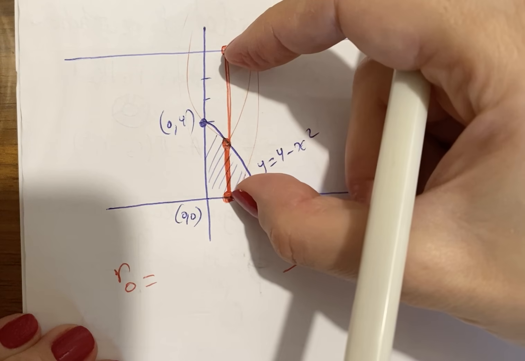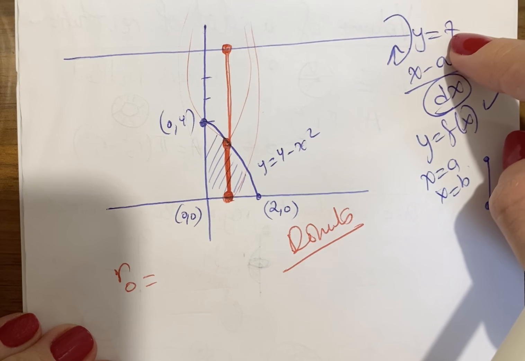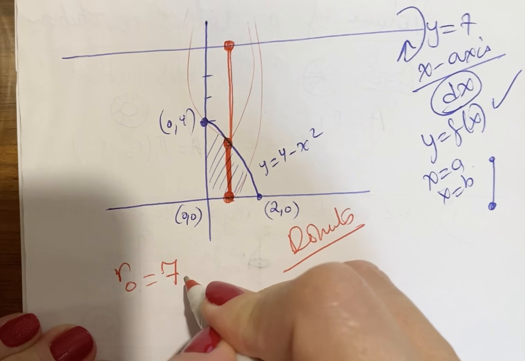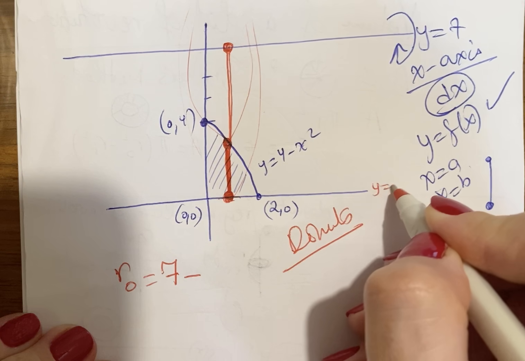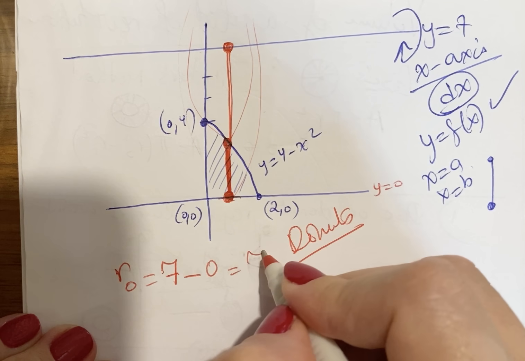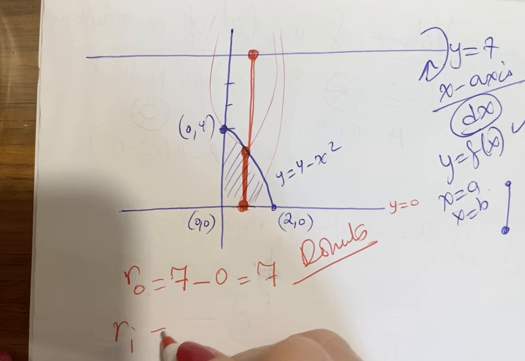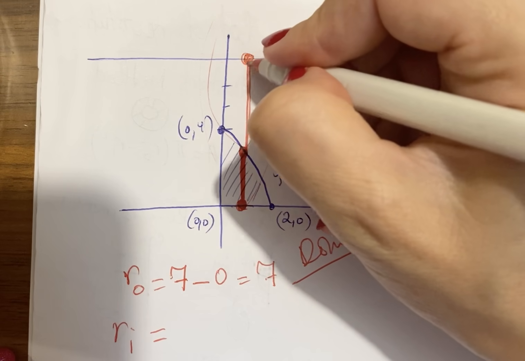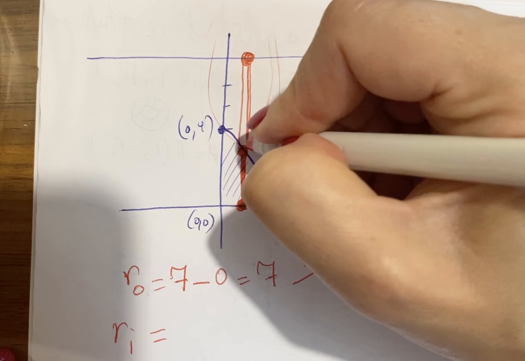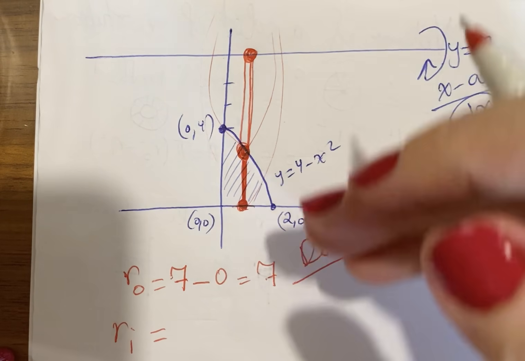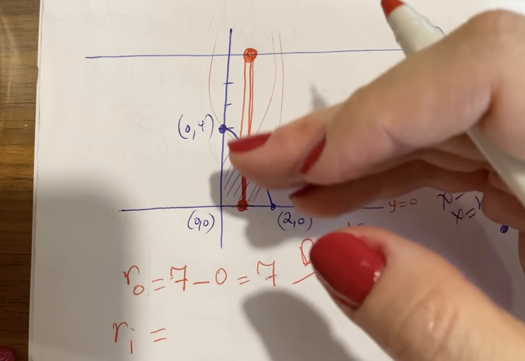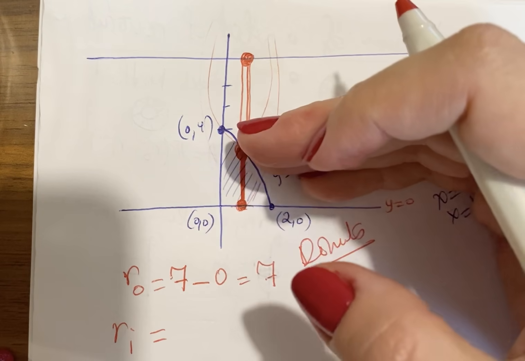And how much is this? This is the upper y minus the lower one. This is the x-axis, so y equals 0. So we get 7. How much is the inner radius? The inner radius is from the line of revolution to the point that is close. So the far away is the outer, the close is the inner.